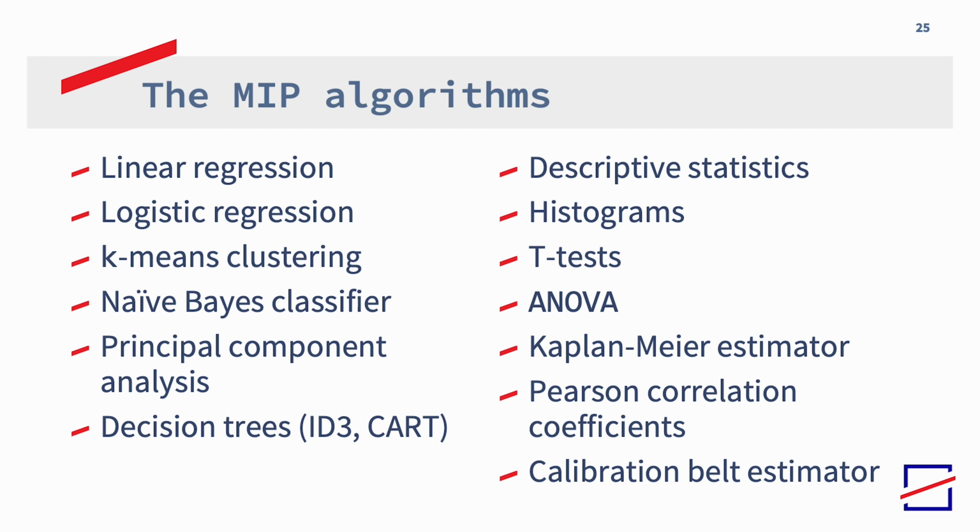On the left, we have some standard machine learning algorithms, and on the right, we have some statistics algorithms. In most cases, we were able to find both exact and privacy-preserving formulations. In a few cases that was not possible, we were forced to come up with some approximations, which were then validated using the non-inferiority tests.